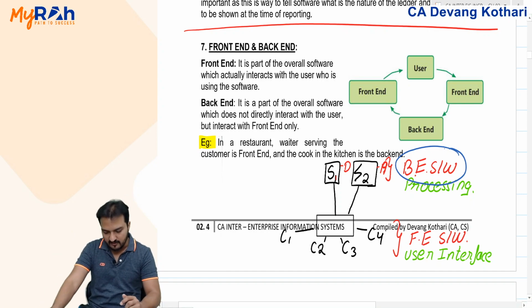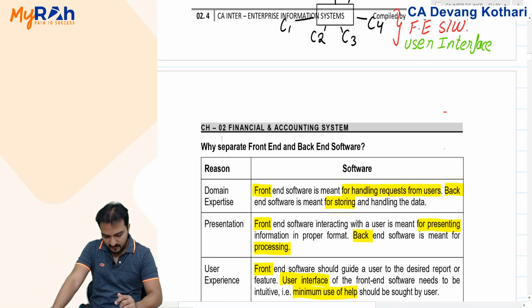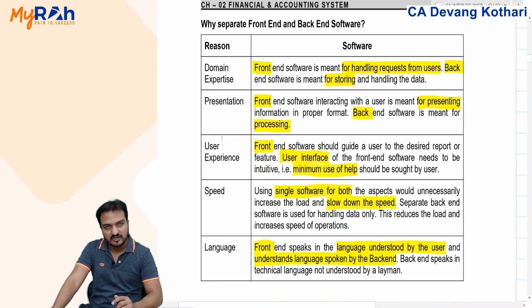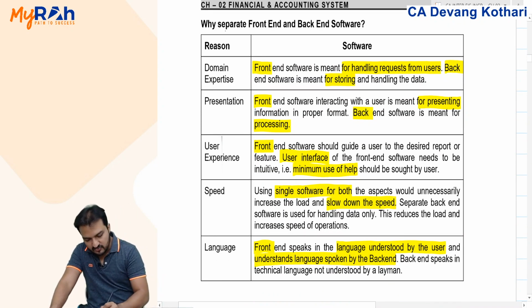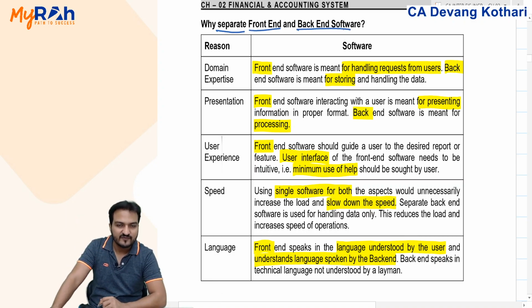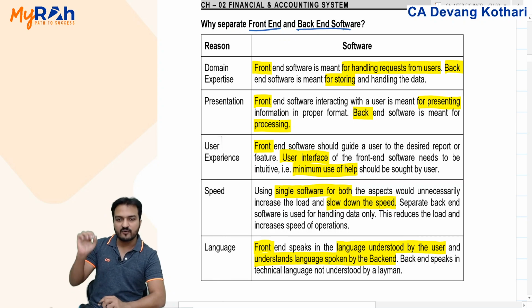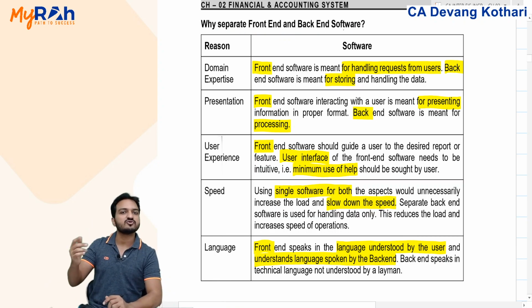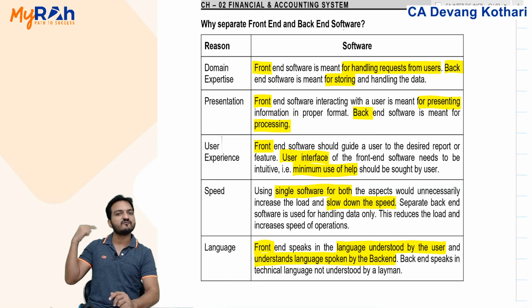Now this point is saying that in the case of big companies and large softwares, it is necessary to separate front end and back end software. Facebook has a separate software for front end which is given to you, and a separate software for backend which is in the Facebook server.